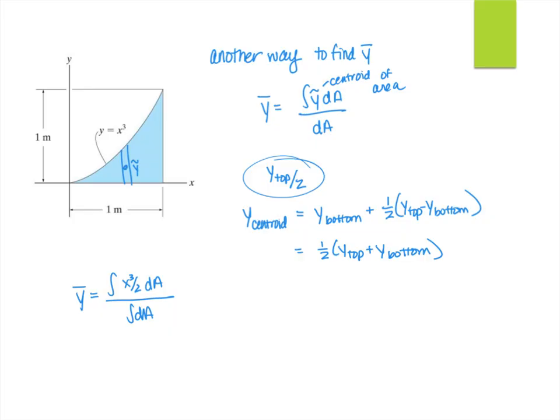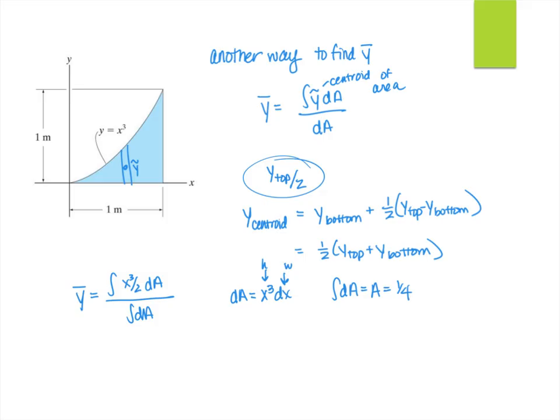Since it's been a day, I'll just remind you that we had written dA for the vertical strip as x cubed dx. It was this height, and this is the width. We also found that the integral of dA, which is the area, was 1/4.